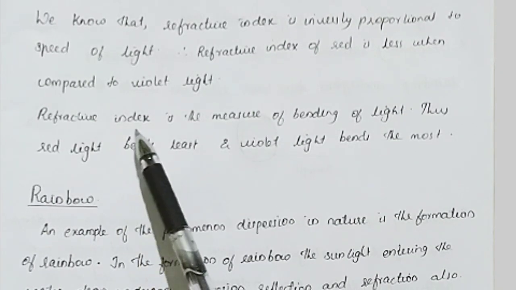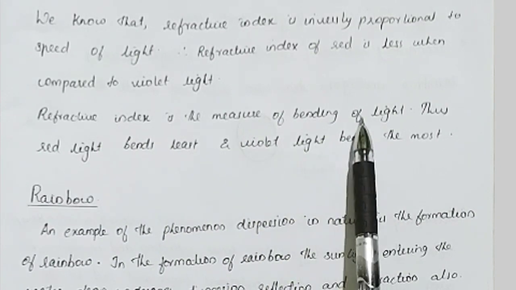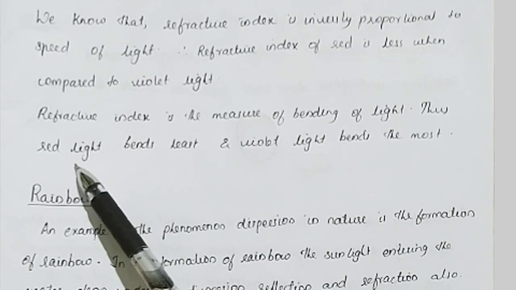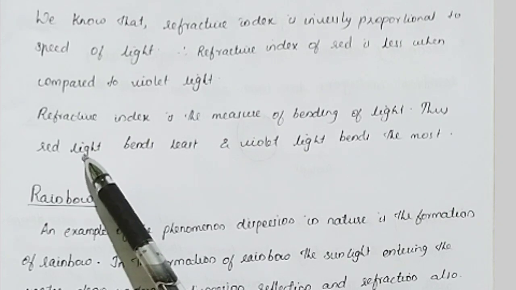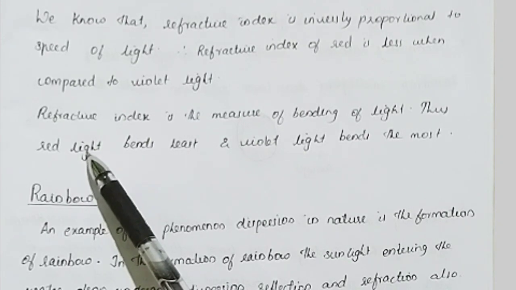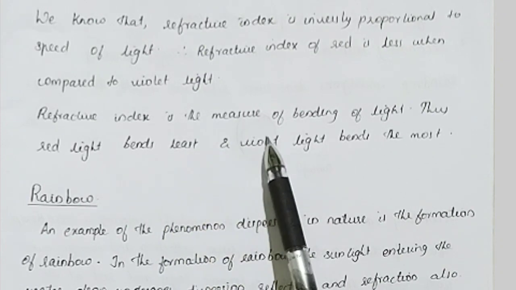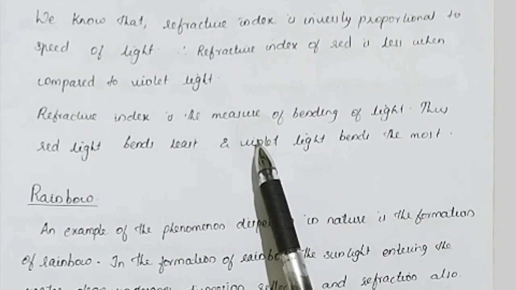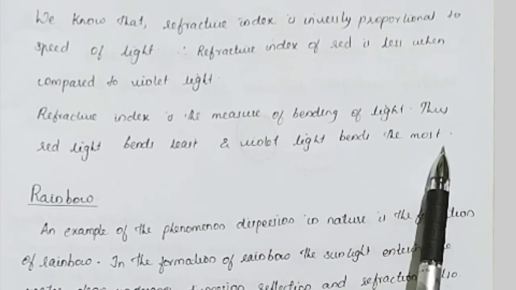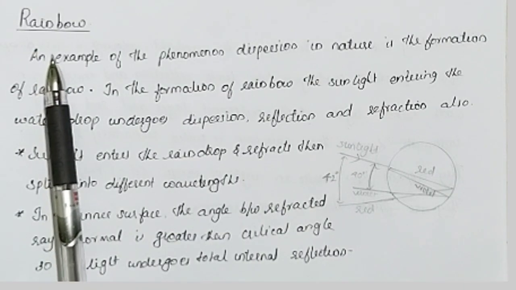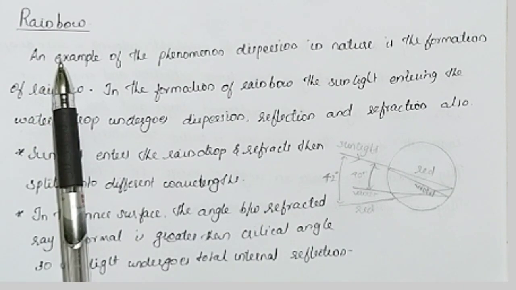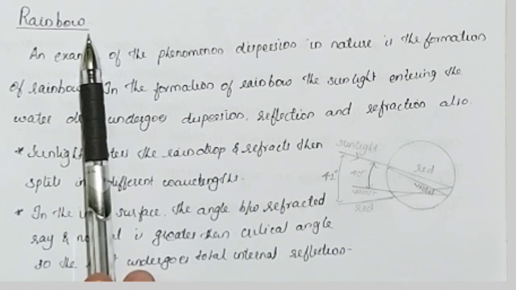And we know that refractive index is the measure of bending of light, and therefore red light, which is having the least refractive index value, will bend least, and violet, which is having greater refractive index value, bends the most. Now an example of dispersion of light that we see in nature is the formation of rainbow.